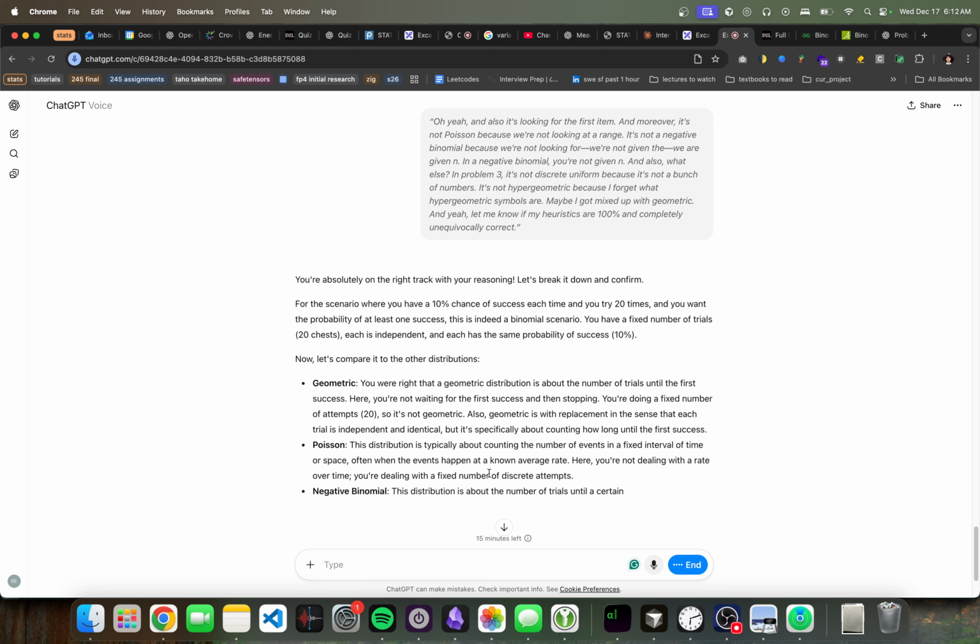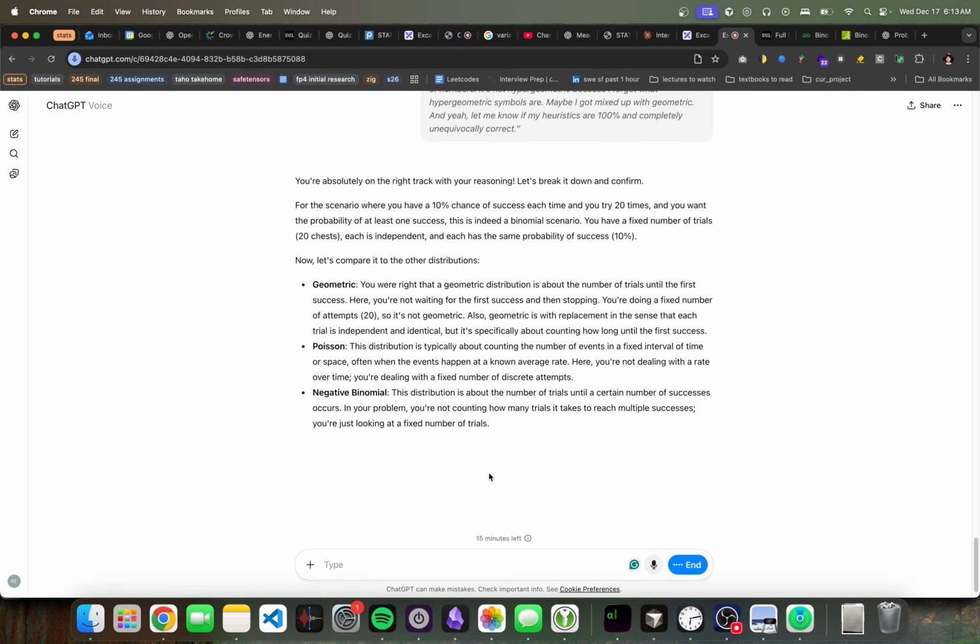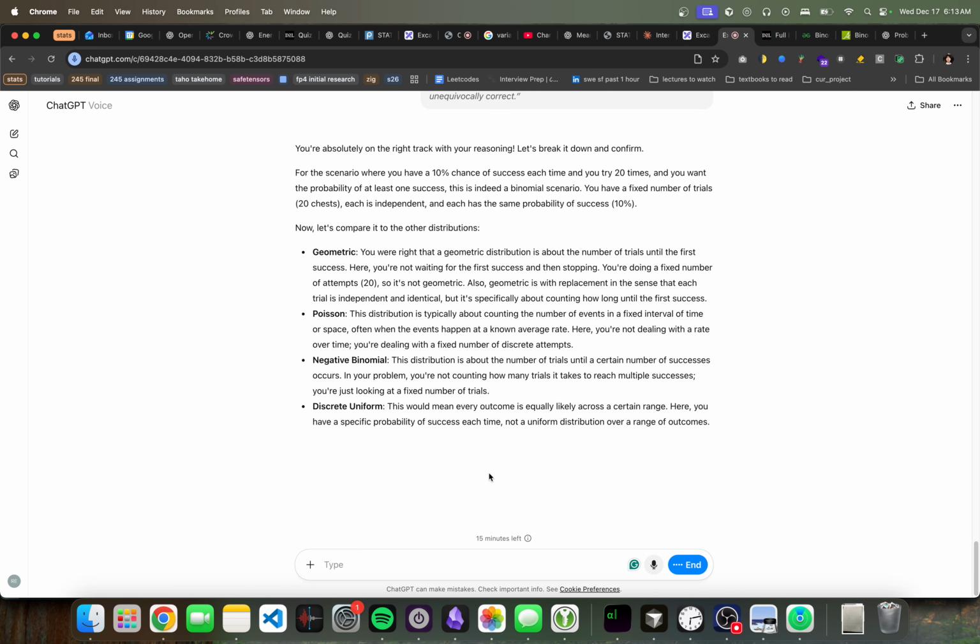Negative binomial, this distribution is about the number of trials until a certain number of successes occurs. In your problem, you're not counting how many trials it takes to reach multiple successes, you're just looking at a fixed number of trials. Discrete uniform, this would mean every outcome is equally likely across a certain range. Here you have a specific probability of success each time, not a uniform distribution over a range of outcomes.